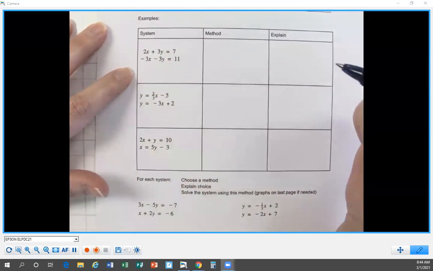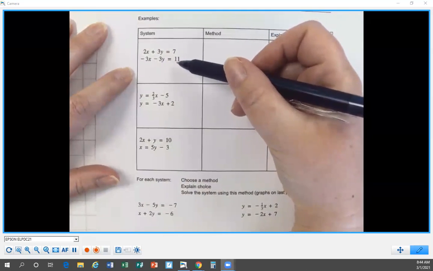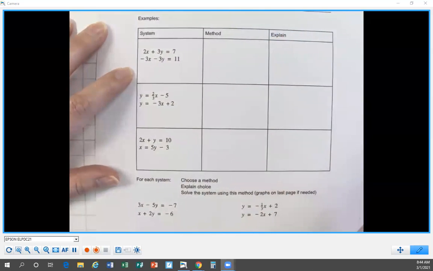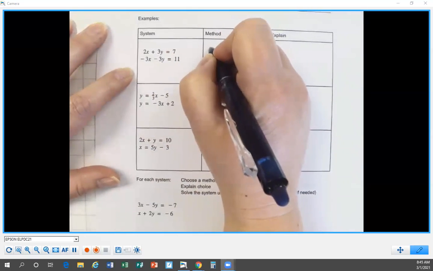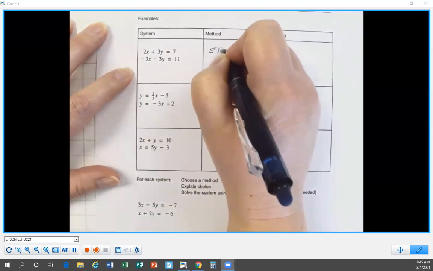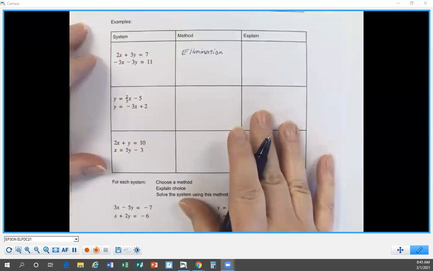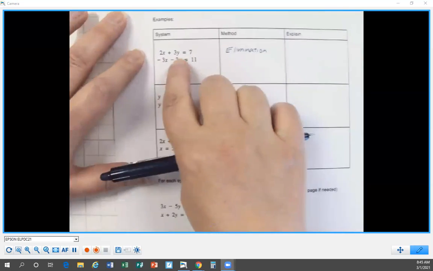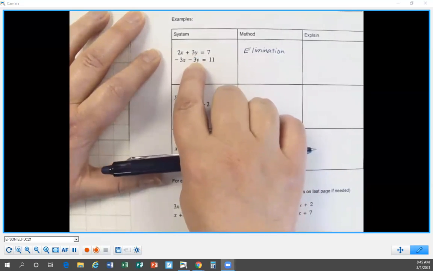You can definitely solve this by graphing, substitution, or elimination, but because these are already so nicely set up in standard form, the most efficient method would be elimination. Okay, so we can see even more clearly our y's are already set up to eliminate.